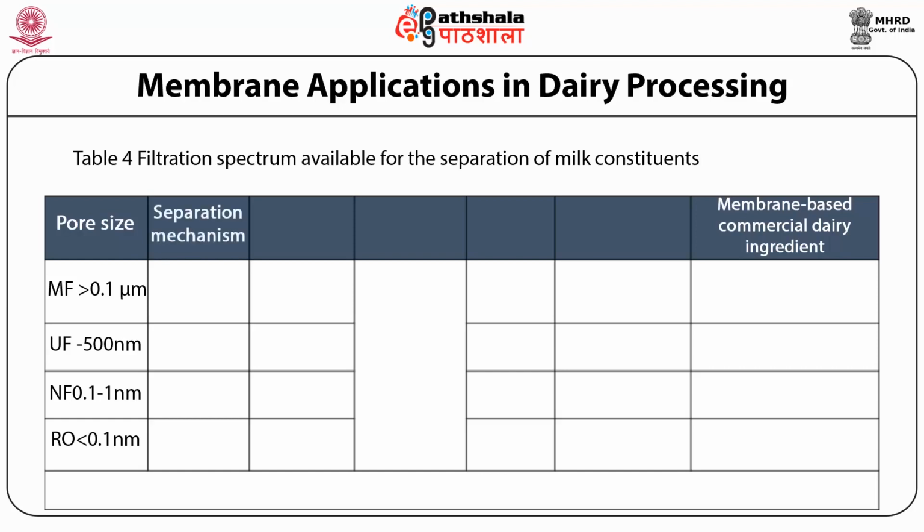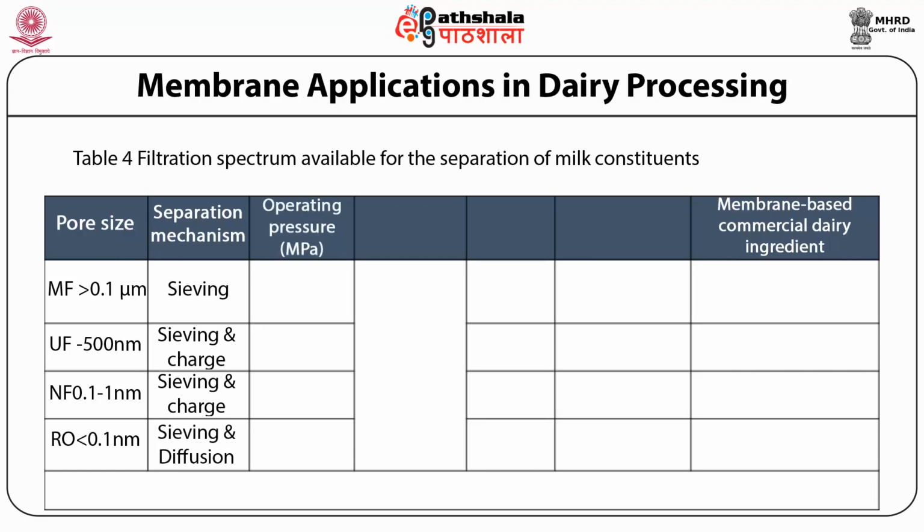Separation mechanism: MF is based on sieving, while UF and NF separation is based on sieving and charge, and in the case of RO it is based on sieving and diffusion. Operating pressure is mentioned in megapascal. In the case of MF, the applied pressure range is 0.1 to 0.2.